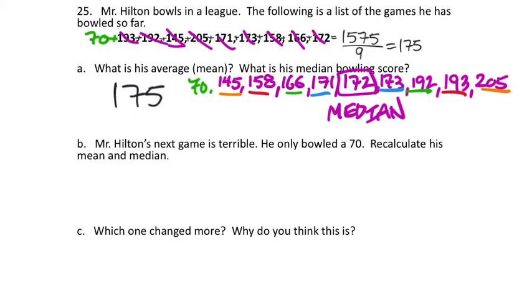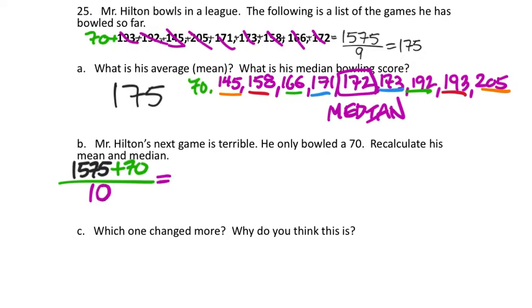Now, I'm not going to add all those values because we already know the sum that we had before. So I'm just going to take the sum we had before at 1575, and we're adding another score, which is 70. Since I want the mean first, I'll do the final answer here in purple. Now there's not 9 values, because we added another one, now there is 10.